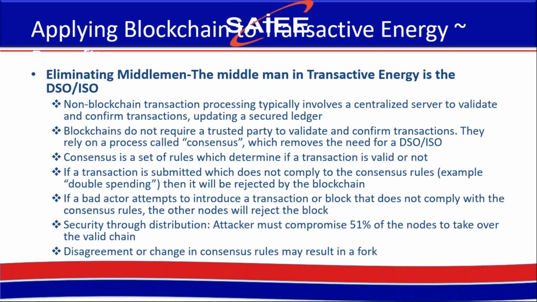There can be disagreement, and the consensus rules may result in what you call a fork. So you always need 51%, because there will be a lot of nodes that have to validate a certain block. You will need 51% of those nodes to agree with a certain transaction.